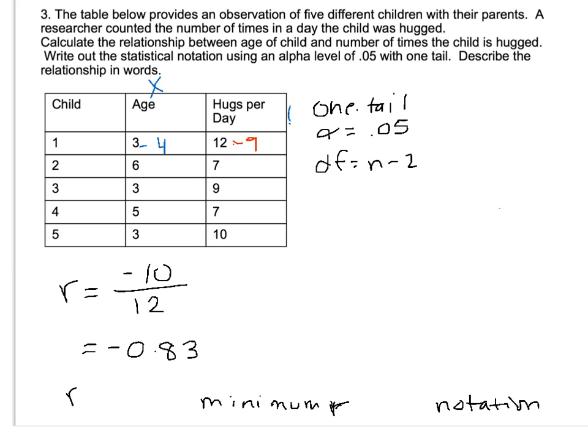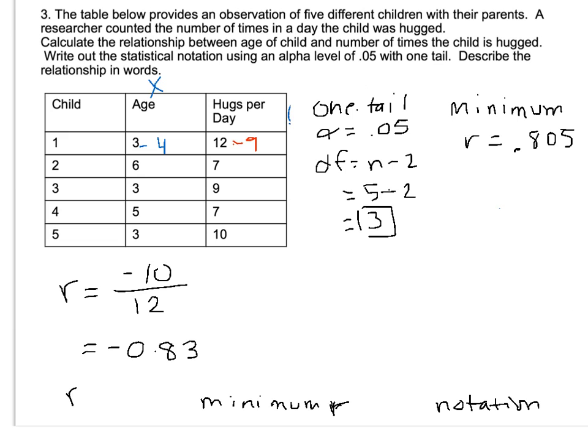Our n is 5 kids, so I'm going to say 5 minus 2, and that comes out to 3. So my DF is 3. So using those 3 pieces of information, I should be able to find out what my minimum R is. And in this case, my minimum R is 0.805.